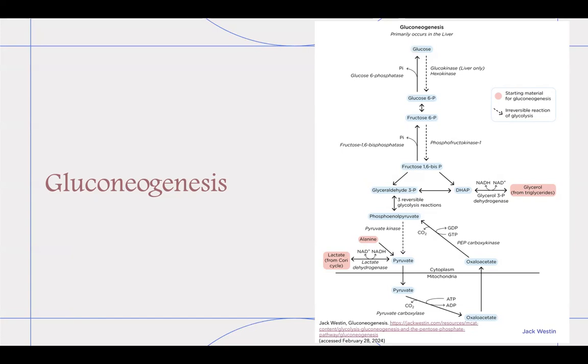And the second way is the activation of AMPK, which leads to the inhibition of mammalian target of rapamycin complex 1, which also results in the suppression of gluconeogenesis.